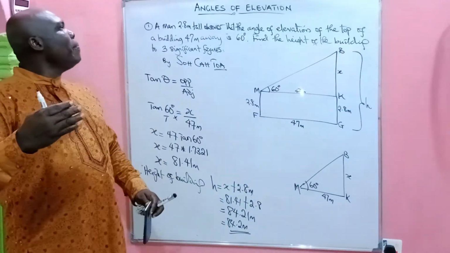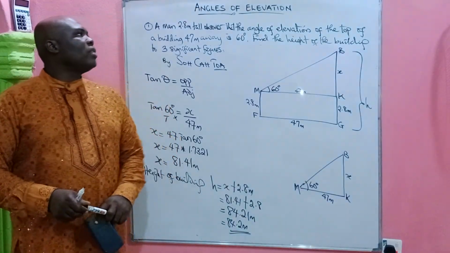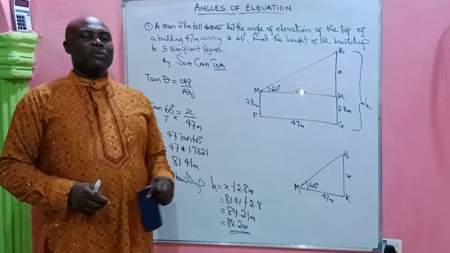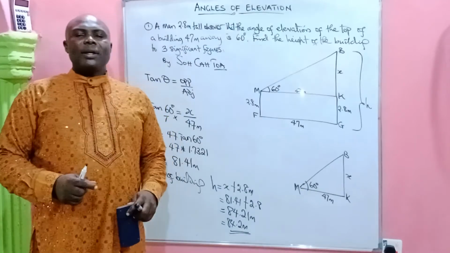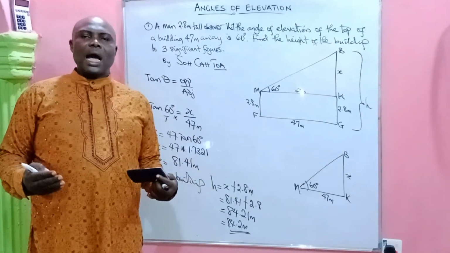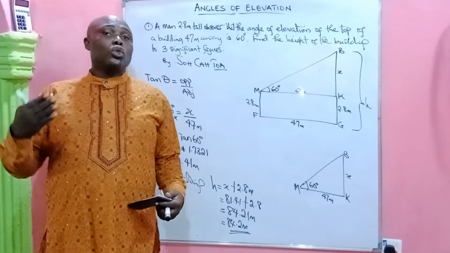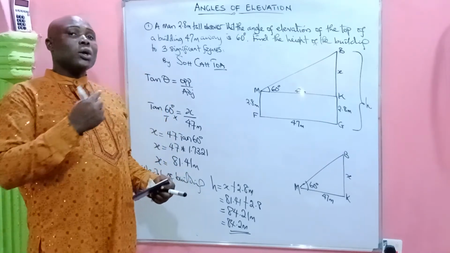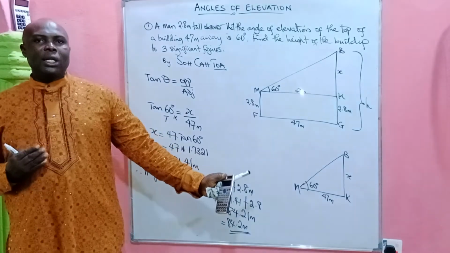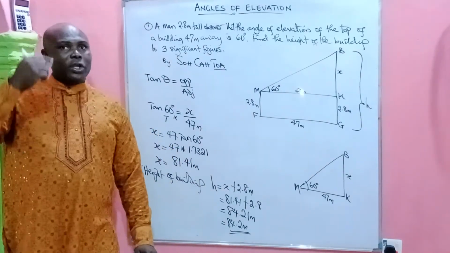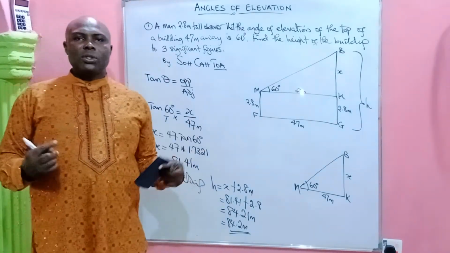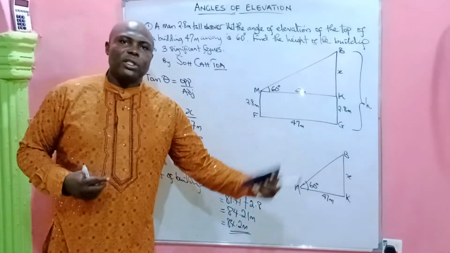Until we meet next in part 2 of this, which is angles of depression. But before then, there is this unique question they give in angles of elevation as well as angles of depression that has to do with a two-dimensional problem. That means two angles will be given. Say two people on the ground level observe the height of a tower with two different angles of elevation, let's say 30 and 45 degrees.